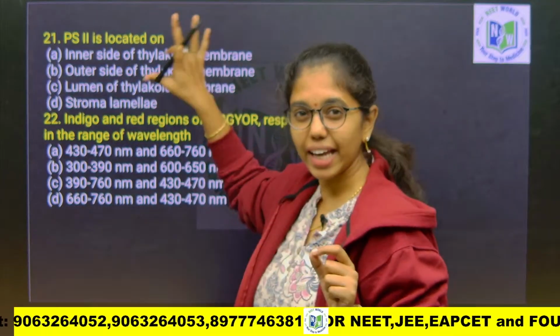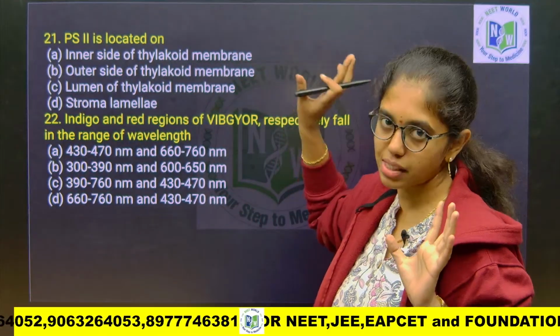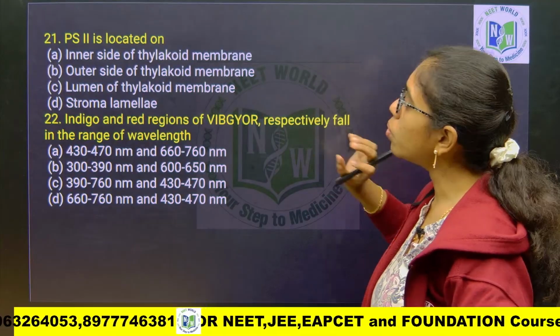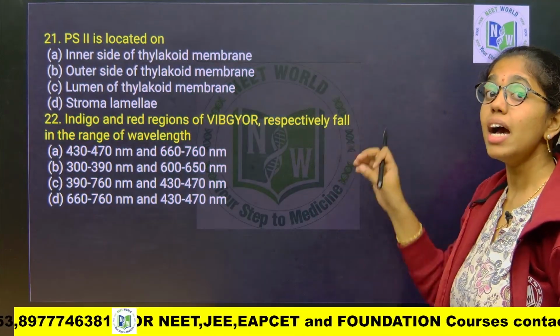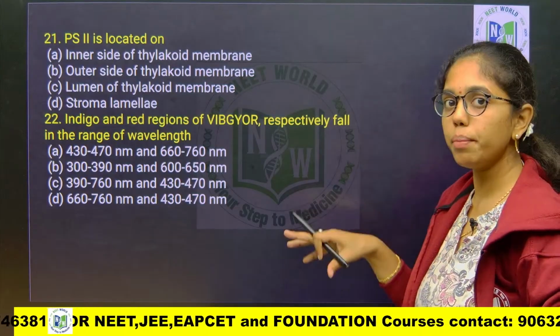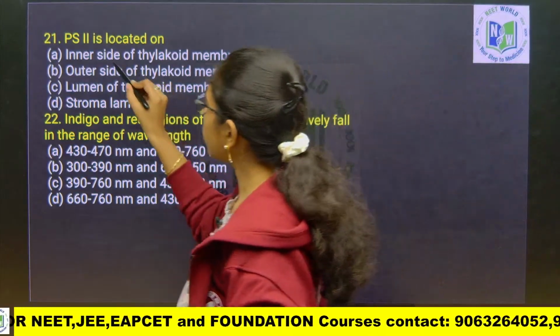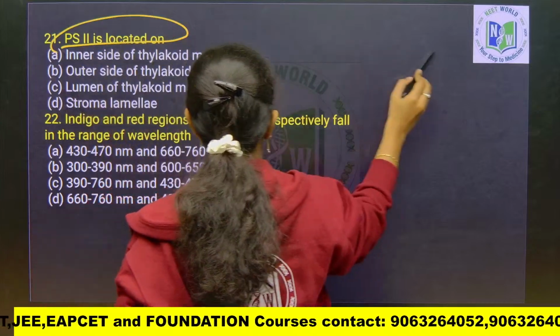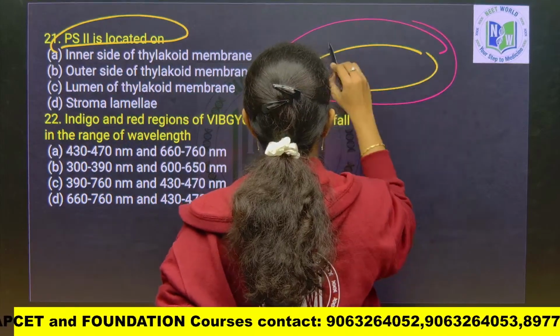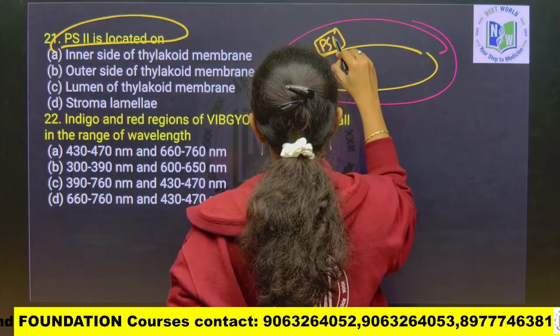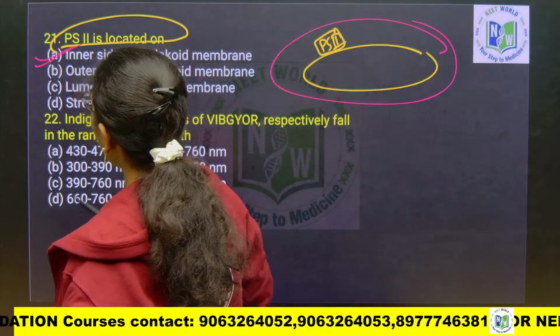This is a direct statement question from your NCERT. Photosystem 2 is located in the inner side of the thylakoid membrane. Remember that. So this will be the answer.